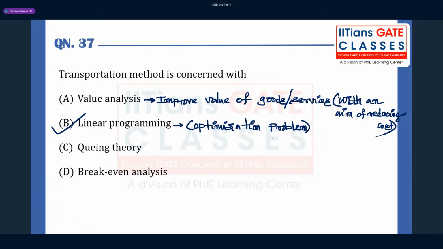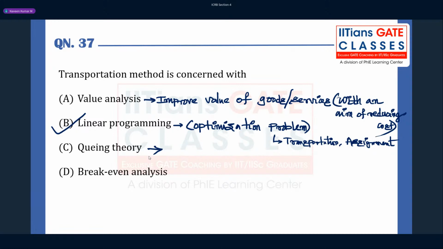So in LPP there are so many things. Transportation is one method, and assignment is also a linear programming problem. On the other hand, queuing theory involves some kind of waiting principle.